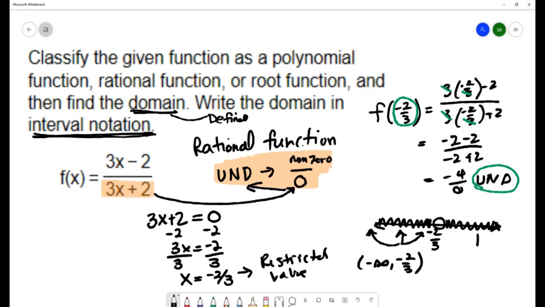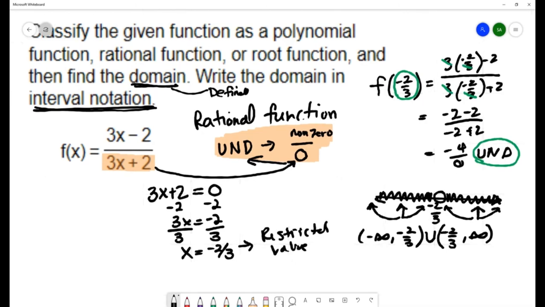Then I want to represent this interval, which has a beginning and an end. That's negative 2/3 to infinity. Once again, using parentheses because these numbers are not included. And we're going to use our set symbol for union, and that gives us our domain of the function being negative infinity to negative 2/3, union with negative 2/3 to infinity.